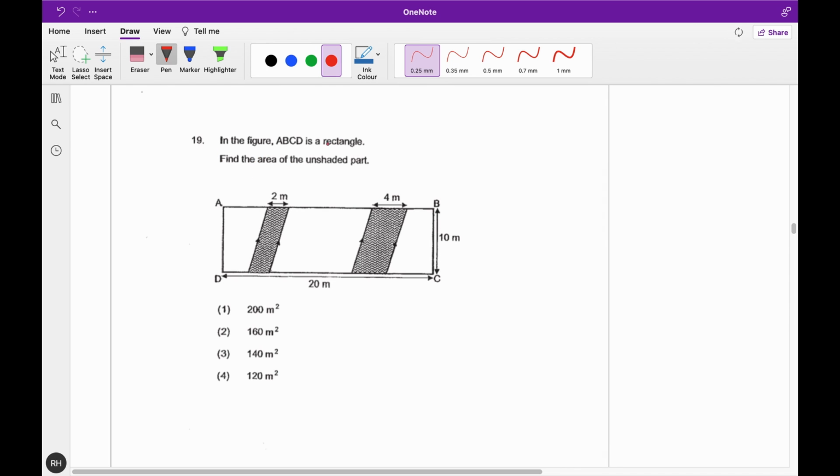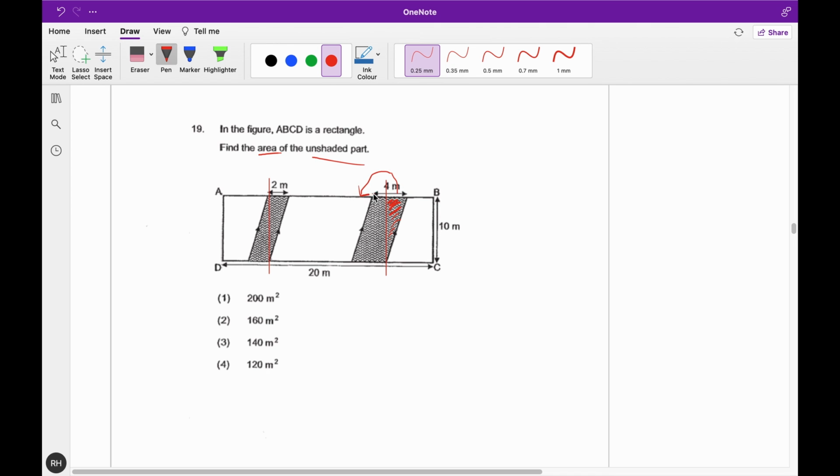Question 19, in the figure, ABCD is a rectangle. Find the area of the unshaded part. Right, so for this question, we can carry this part over to this part.